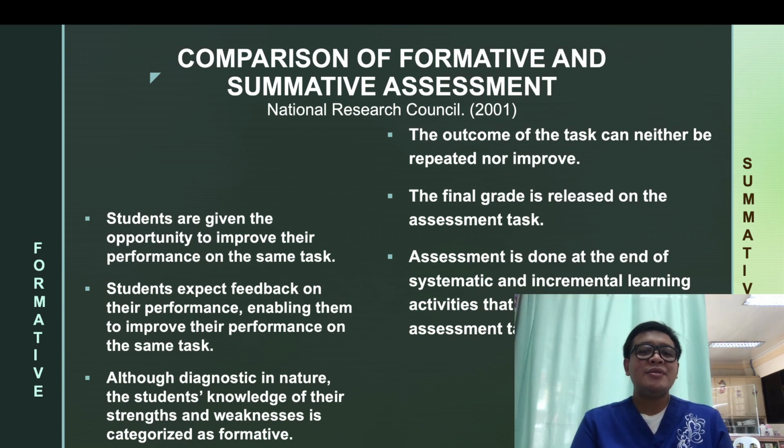If we synthesize these two, formative and summative are both very important roles of assessment, because without one of them, we will not be able to achieve our goals and objectives. These roles are essential to the learning of our students.